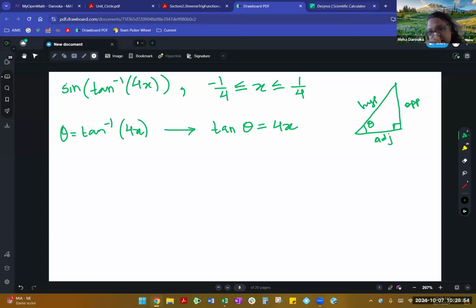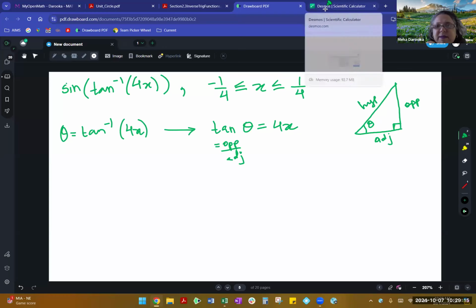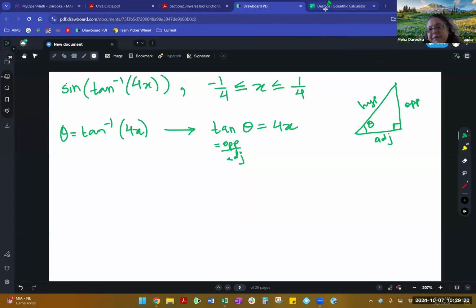This is the hypotenuse. So how can we rewrite tangent of theta equals 4x based on our little right triangle here? Because remember, tangent is defined as opposite over adjacent. So how can we rewrite that, if you only have tangent of theta equals 4x?